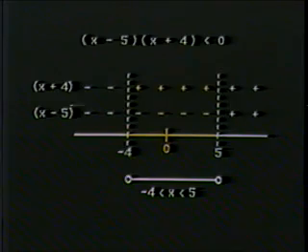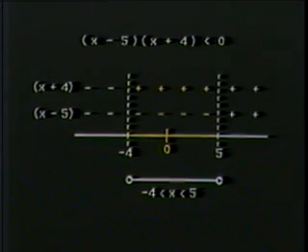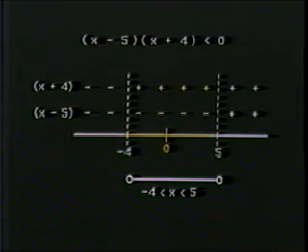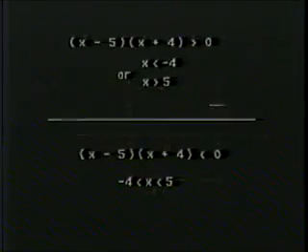The interval in the center has just what we need, a positive and a negative. So our answer this time is that x has to lie between negative 4 and positive 5. All of which means that our two problems taken together split the real line into three intervals, just like absolute value inequalities.